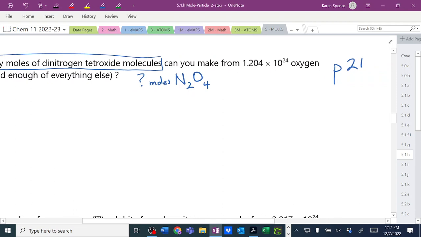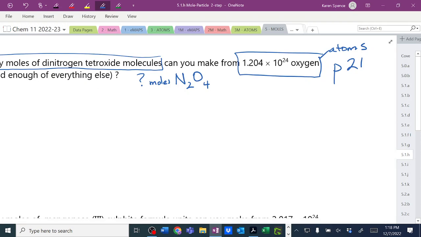And we are given 1.204 times 10 to the 24 oxygen atoms. Atoms is on the next line. I'm sorry, I should try not to have that break over a line. It's confusing. So this is our initial quantity.